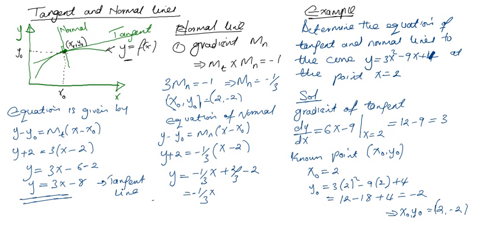It gives you 4 over 3 negative, so minus 4 over 3. This is our y, and this becomes the answer for the normal line. This is the normal line, and this is good.